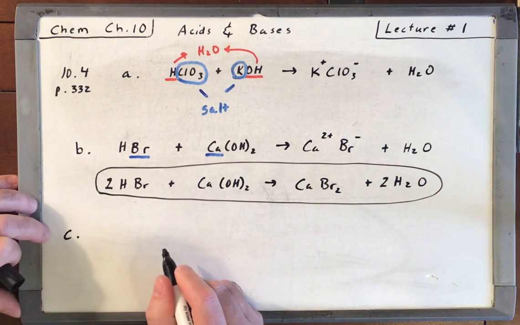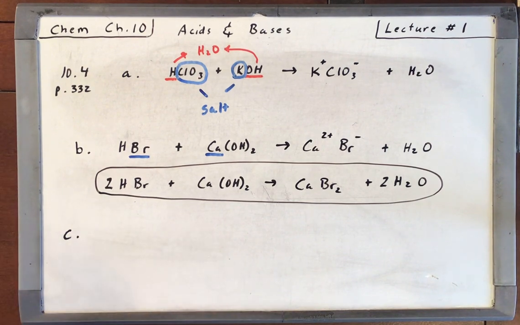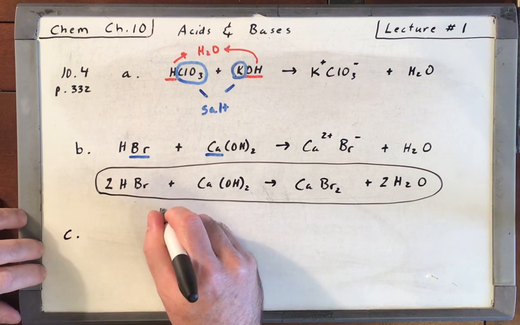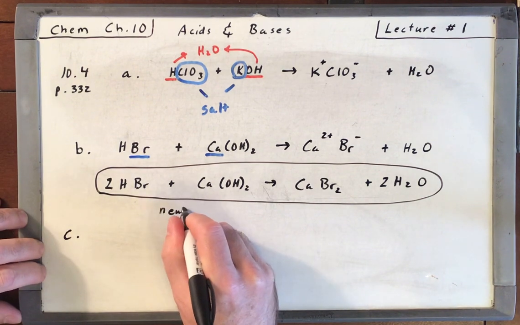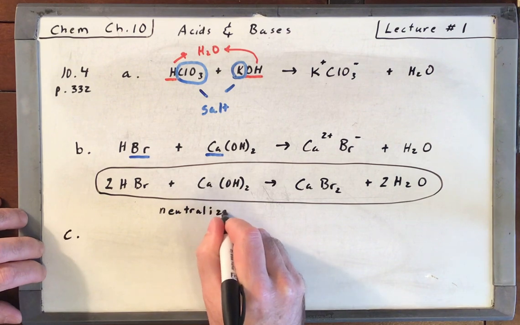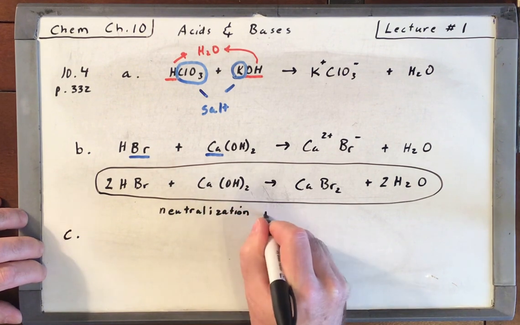Let's do one more. This special kind of reaction, acid plus hydroxide base makes salt plus water. It's called a neutralization. That's in your notes. We'll get to it in a minute. Reaction.